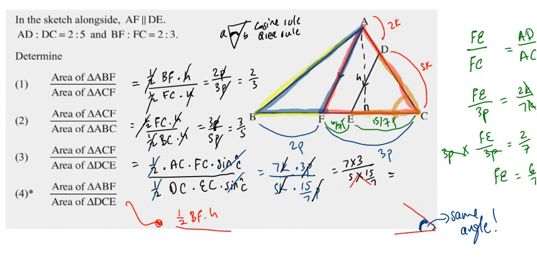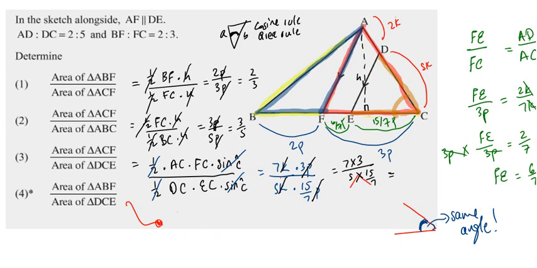And then for DCE, you still use the same area sine rule: half DC, EC, sine angle C. But the problem is that there's not going to be any relation. Here you don't have height and here you have height. You must have things that are quite similar, so what can we do there?